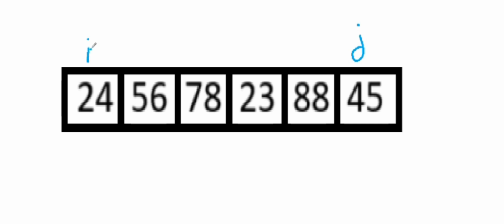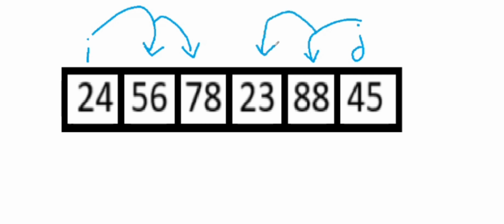Again, you'll do i plus plus so that it will be here, and you will do j minus minus. Again, you will swap 56 and 88. Again, you will do i plus plus and j minus minus. Still they are not equal. Again, you will do i plus plus and j minus minus. So if they cross, you will stop there.